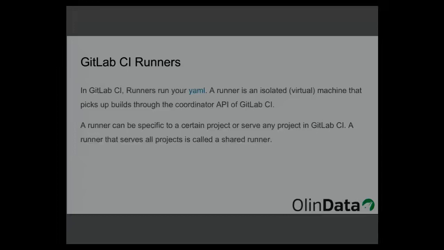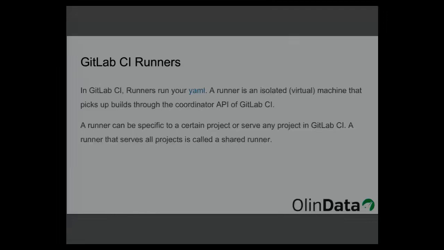So the runners, they run your builds. There are many different types of runners, but basically a runner is some kind of environment that picks up builds from GitLab CI through the internal APIs. It can be specific to a project or serve any project.